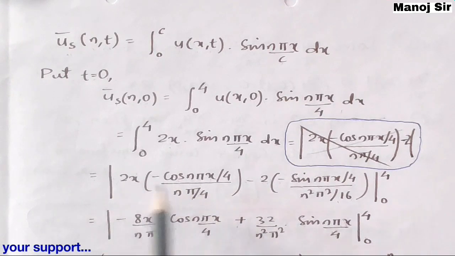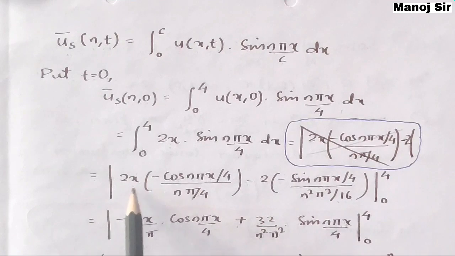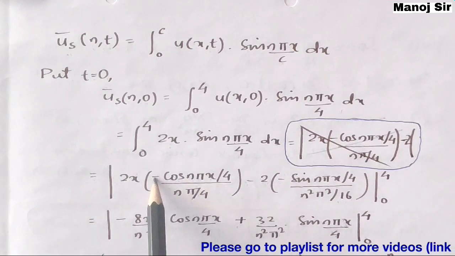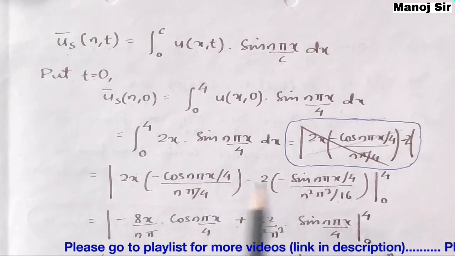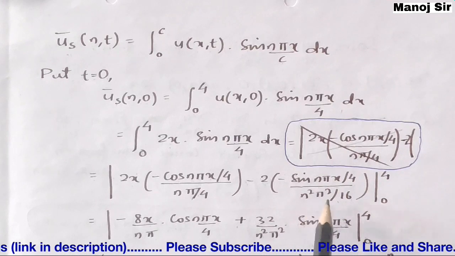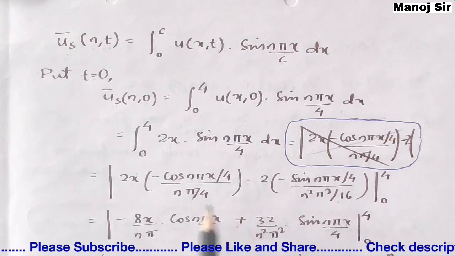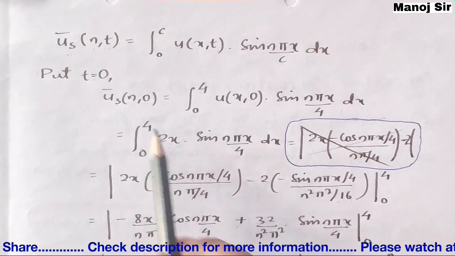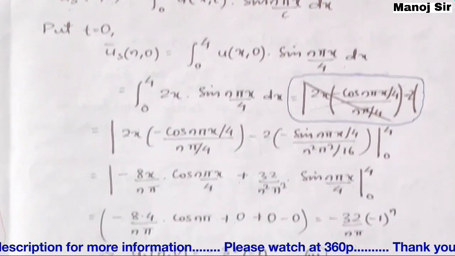Now first term positive, second term negative. Differentiation of the first function, that is 2, and integration of this, negative as it is, integration of cos will become sine. Sine of n pi x upon 4 upon n pi upon 4 into n pi upon 4, that is n square pi square upon 16. Again the limit is from 0 to 4.